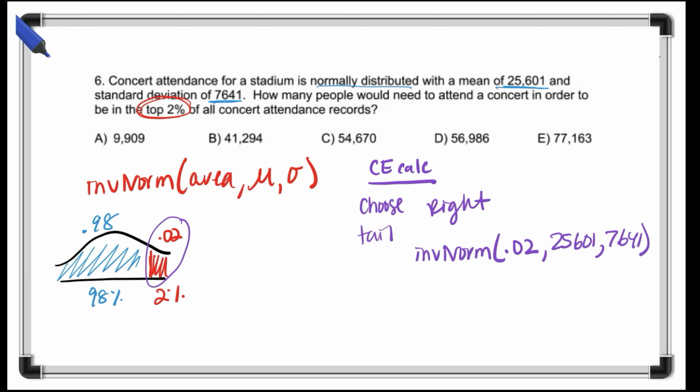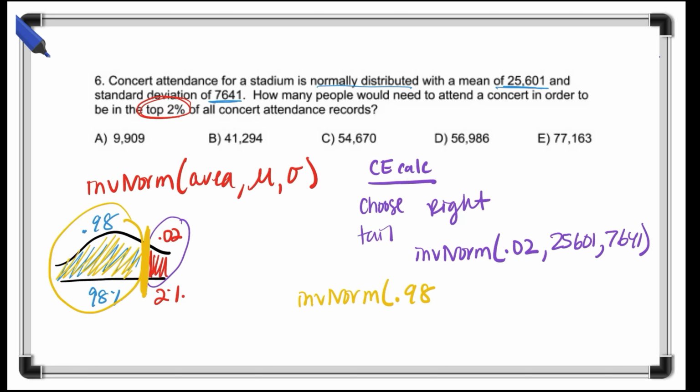If you cannot choose the tail, you would do inverse norm again. However, what you're going to put for the area is not going to be the 0.02. It's actually going to be this 0.98, because it is up to that mark where that 2% starts.